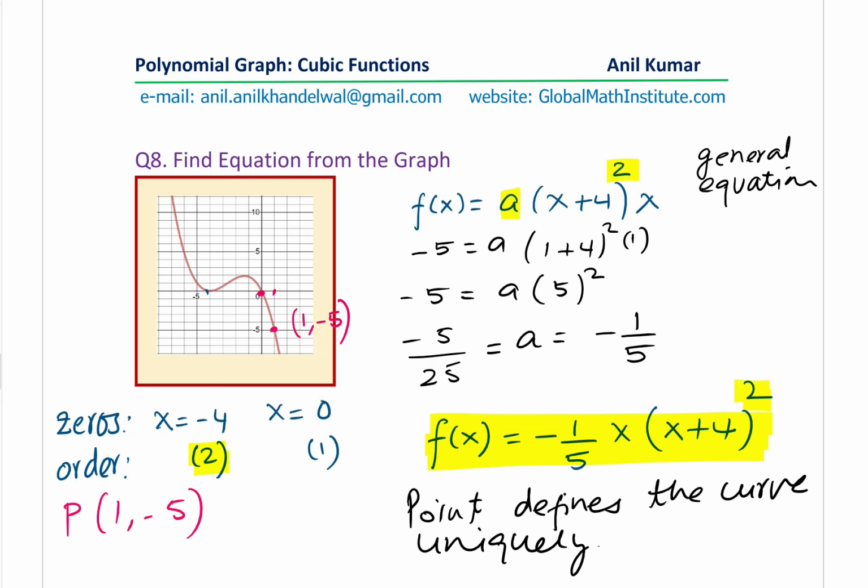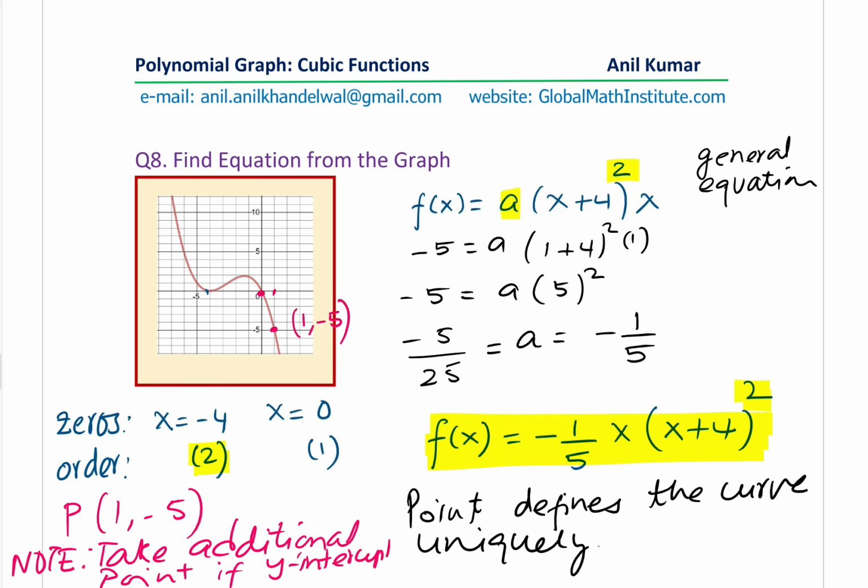Normally, we had been using the y-intercept, but in case the y-intercept is 0, we have to take an additional point. So let's write down a note here. Take additional point, if y-intercept is 0.